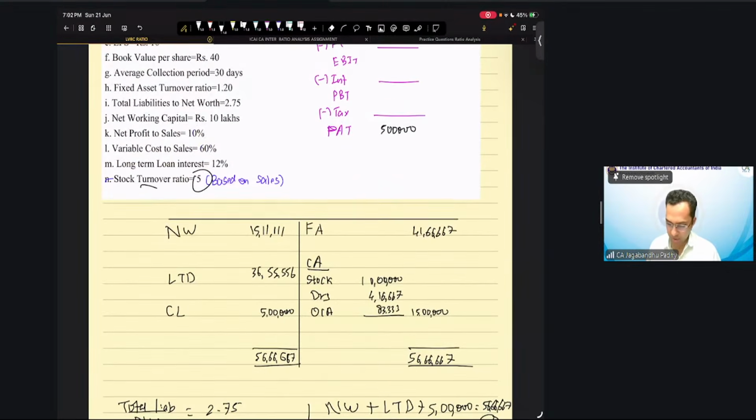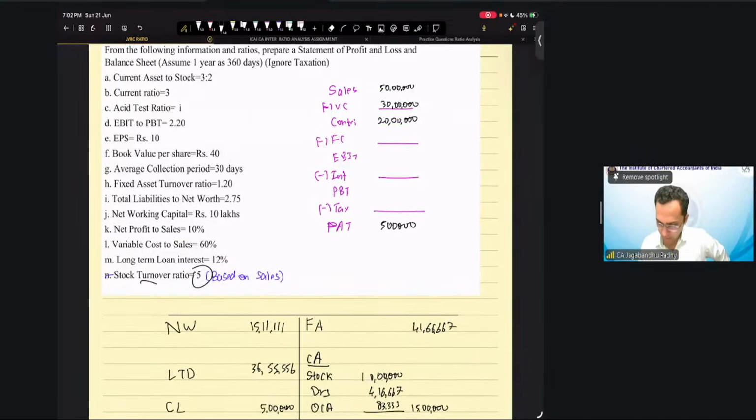That's your balance sheet. Now, of course, the interest amount is what we can compute. This is 36 lakh 55,556 into interest rate, which is given, right? 12%. So interest is 4 lakh 38,667.